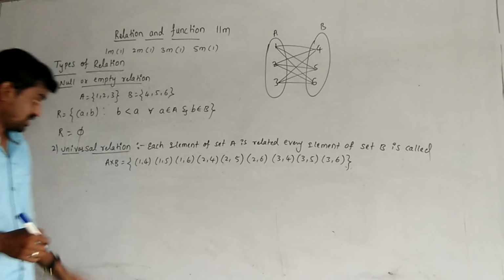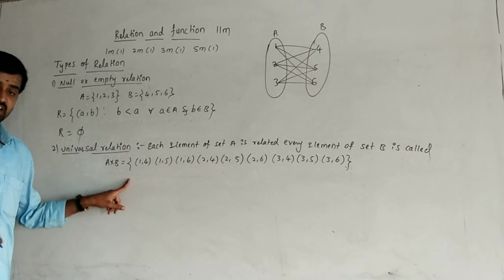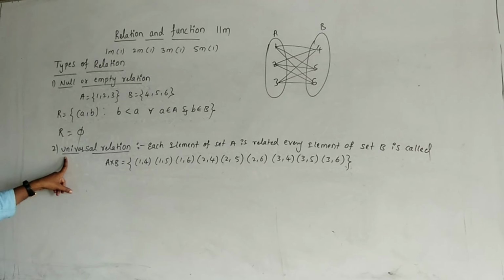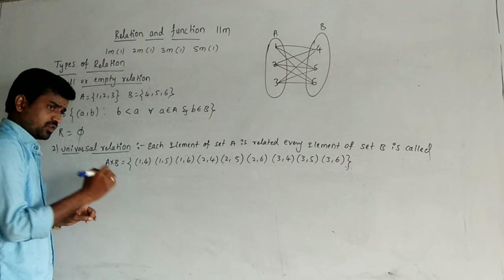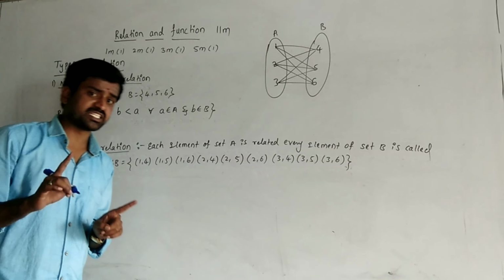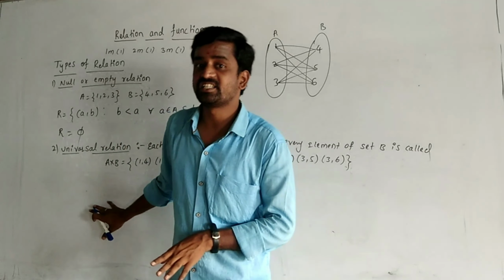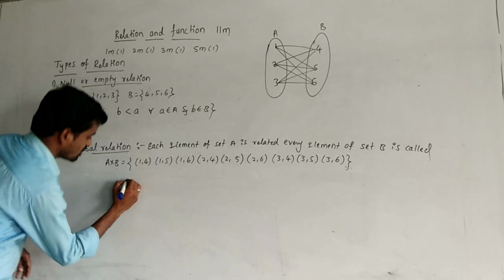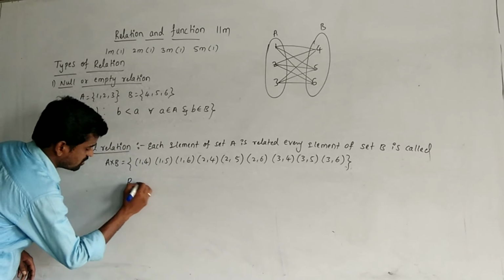This relation is a universal relation. Here universal relation is equal to the Cartesian product. R is equal to A cross B. This is called universal relation.